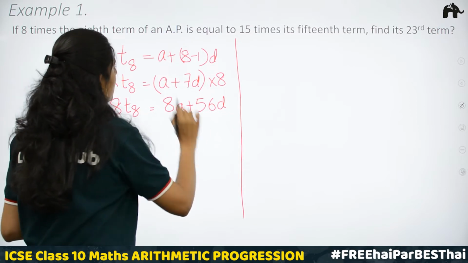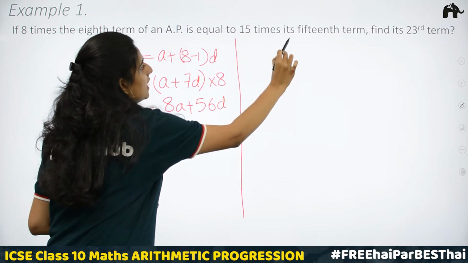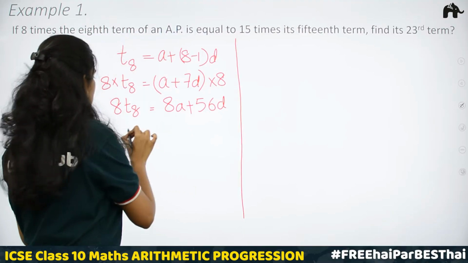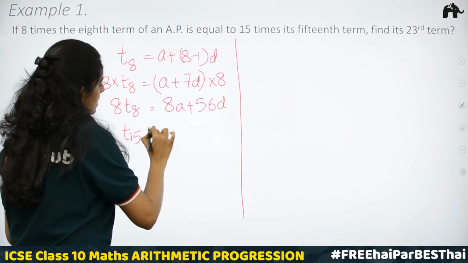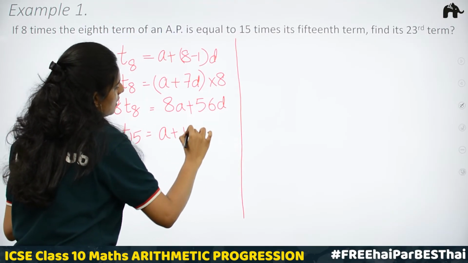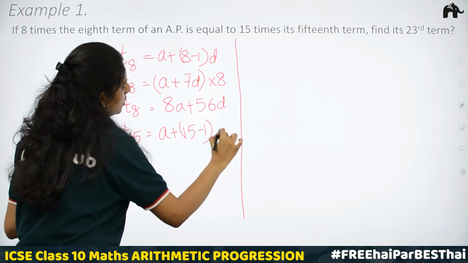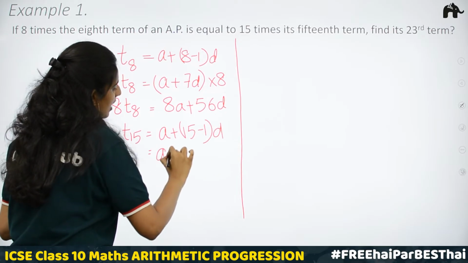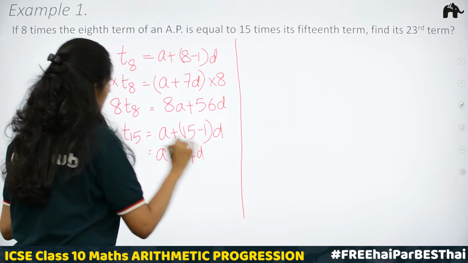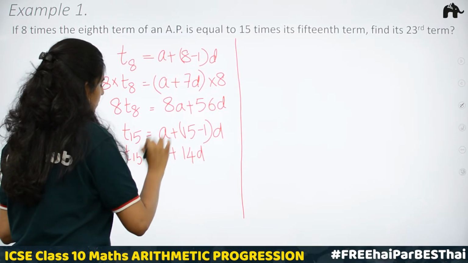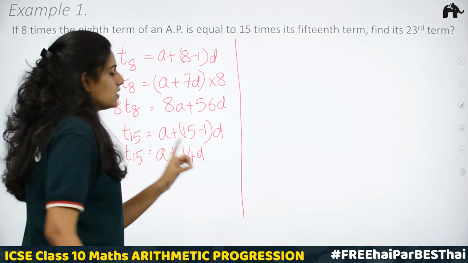Now, the second part, 15 times its 15th term. The 15th term, T15, is equal to a plus 15 minus 1 into d. That is a plus 14d. We got T15. The 15th term is a plus 14d.